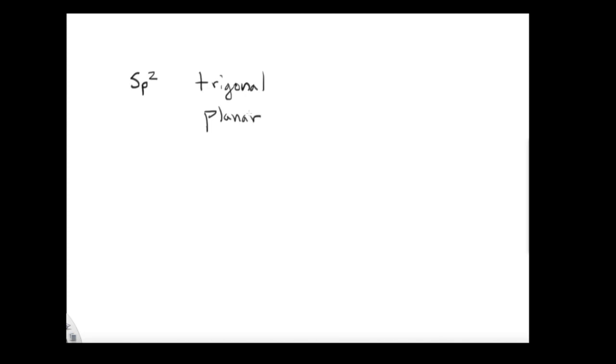So it's a really important geometry. In this one, there are going to be no unshared pairs, and there will be 3 chemical groups. I'm going to go straight to the organic example here. I'll use acetone as the example. You should understand at this point that this is a ketone.